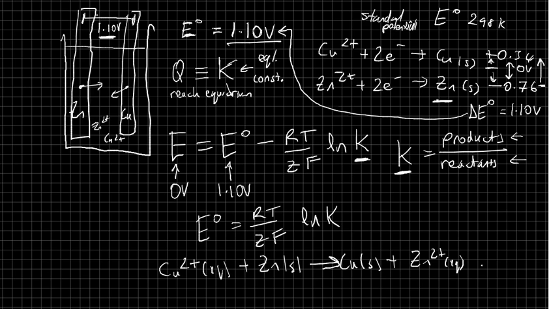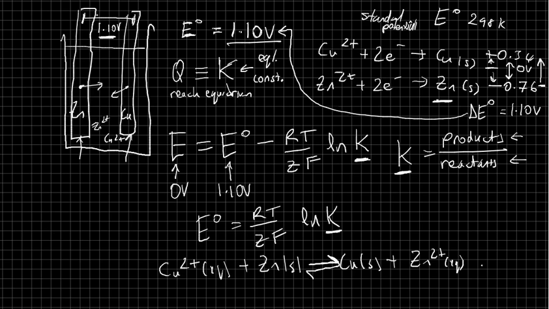And we remember that this is actually an equilibrium, so it can go both directions. And what we want to know is what the equilibrium constant for this reaction is, and what is actually consumed. Is the zinc consumed or is the copper consumed? So that's what we want to know.